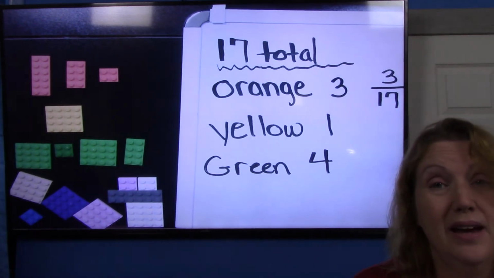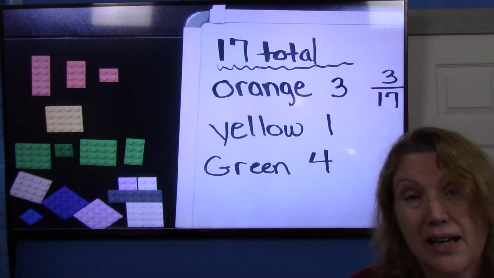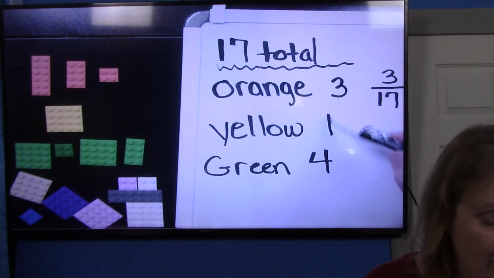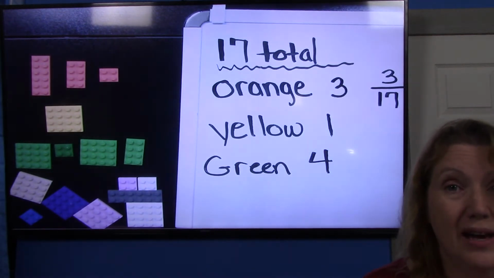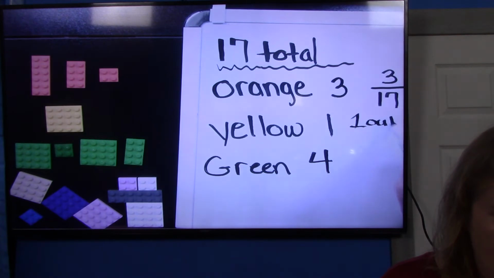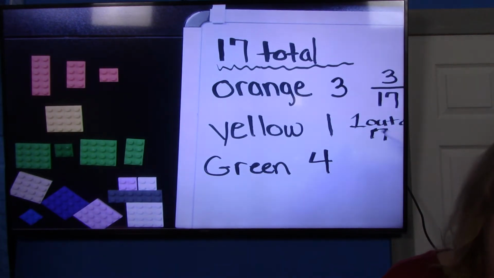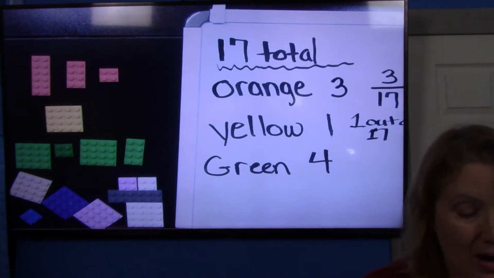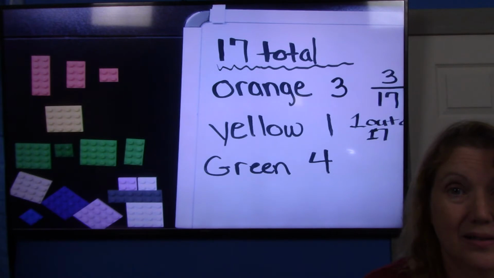Now we can write that in words as well. Let's take a look at our yellow Legos. I only have 1 yellow Lego. So if I wanted to write that as a fraction, I could write 1 out of 17. So I could either write it like this with the numbers, or I could write it in words.